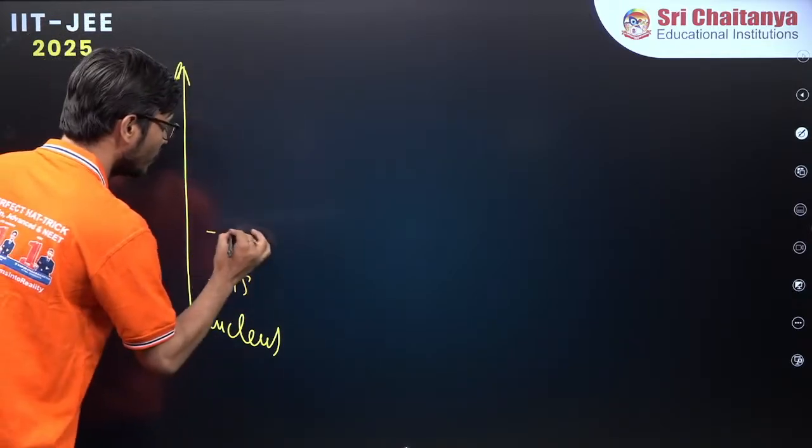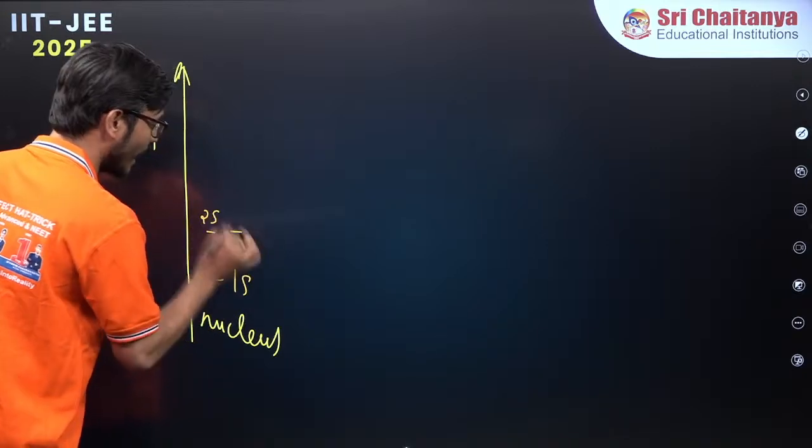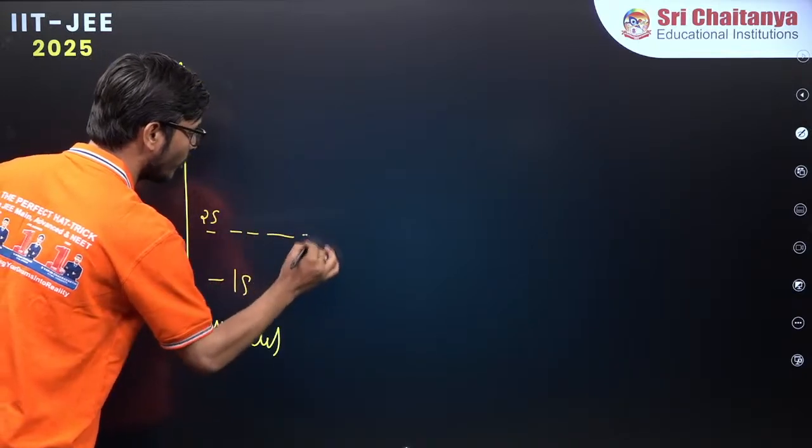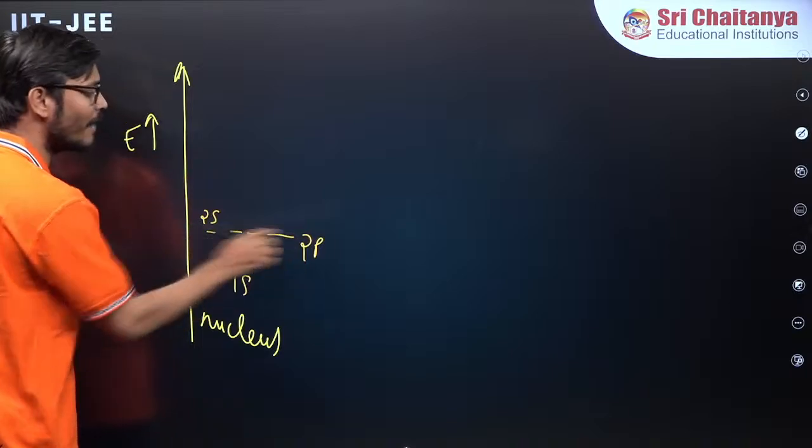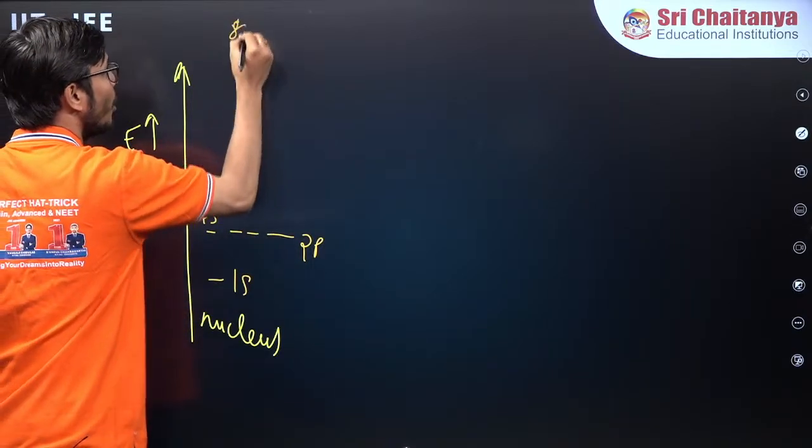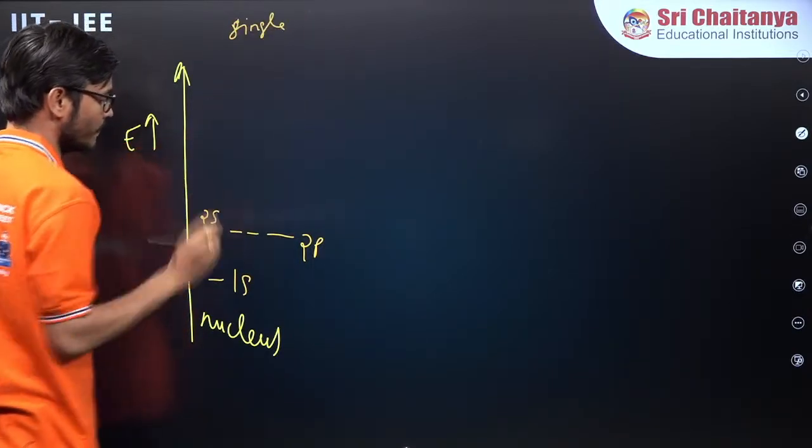Then what will come? 2s, and after 2s, 2p. And 2p has 3 orbitals. So for a single electron, all will have the same energy. Then what will come?